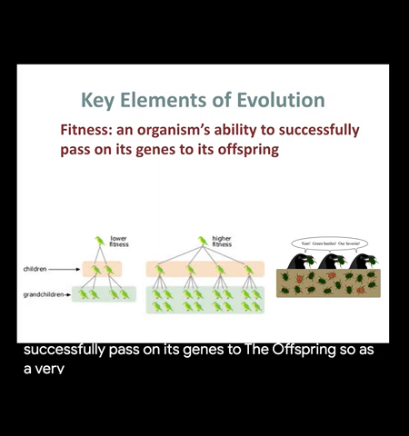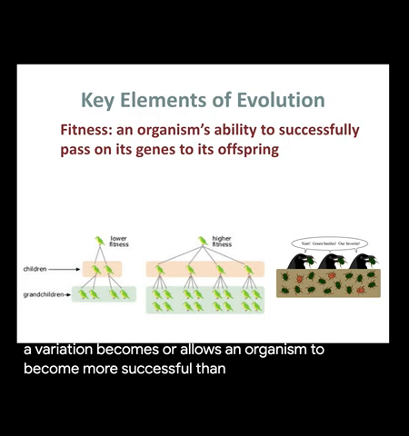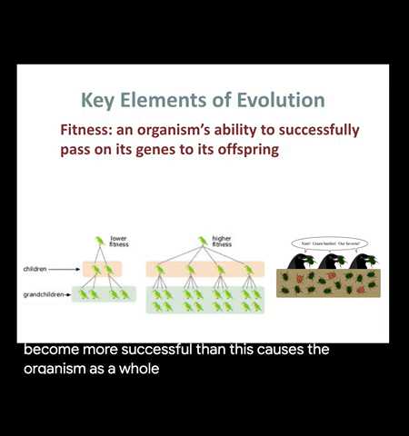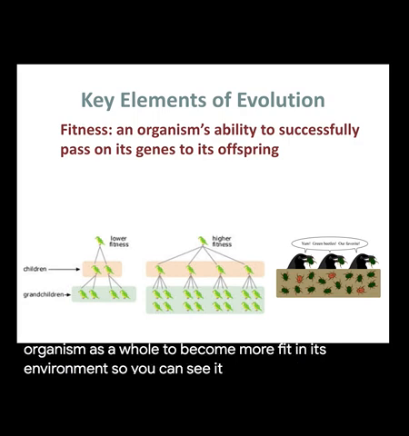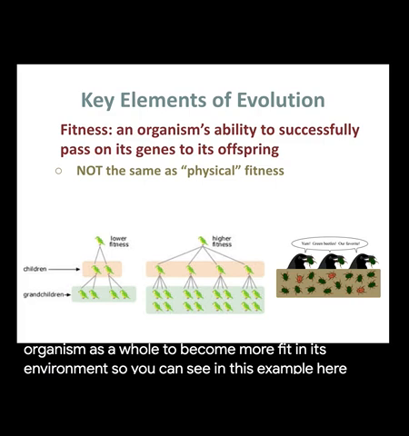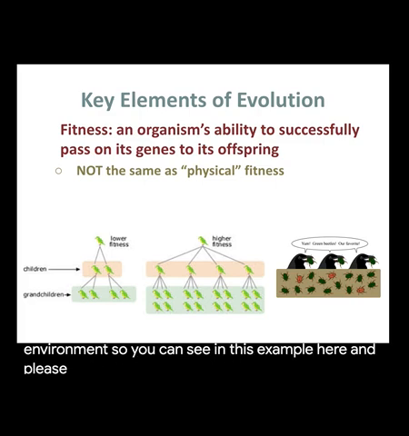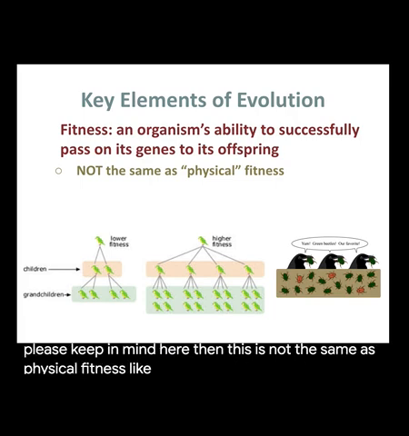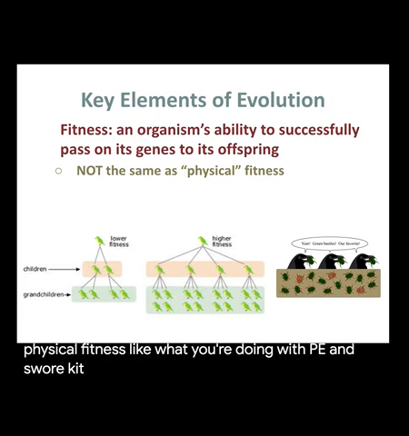As a variation allows an organism to become more successful, this causes the organism as a whole to become more fit in its environment. Please keep in mind that this is not the same as physical fitness, like what you're doing in PE. That is not fitness.